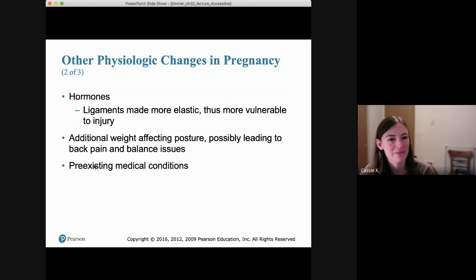Hormones, ligaments are going to be made more elastic to allow for the growth, but also means increased chance of injury. Additional weight will affect posture, possibly leading to back pain and balance issues. And certain pre-existing medical conditions might show themselves and or get worse.